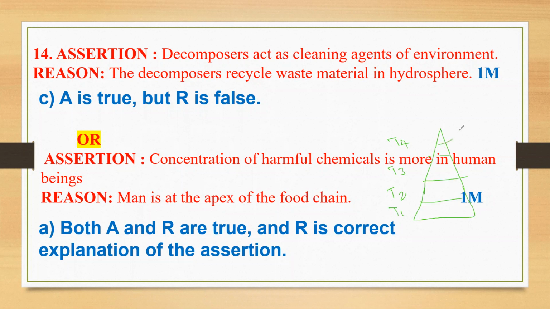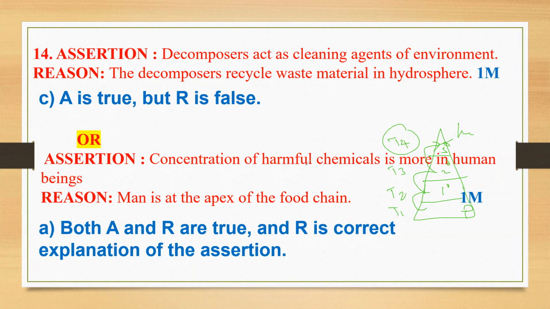Human beings come under the 4th trophic level: producers, primary consumers, secondary consumers, and tertiary consumers. Here, biomagnification increases the concentration of chemicals from one trophic level to another, and at the top level, more harmful chemicals will accumulate.